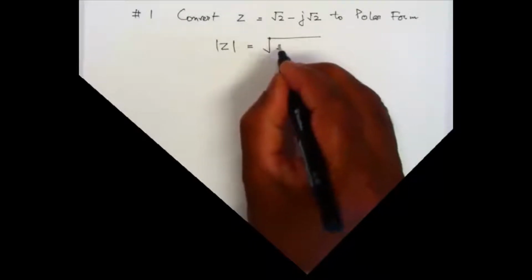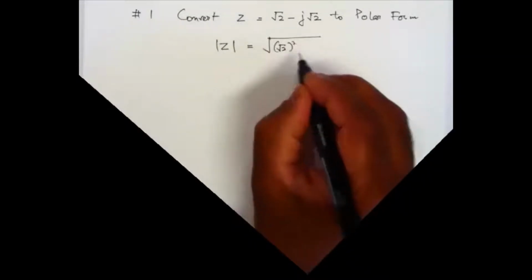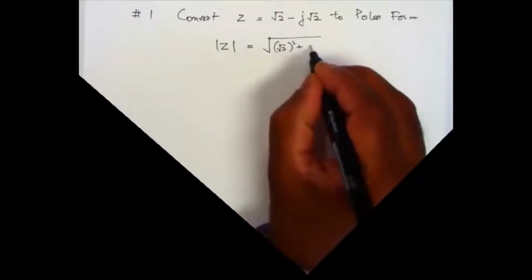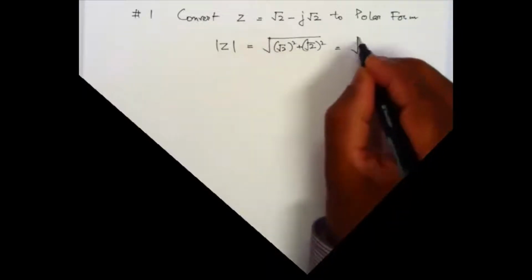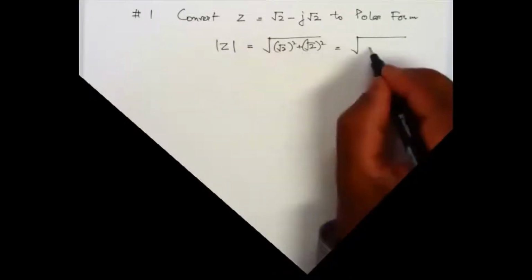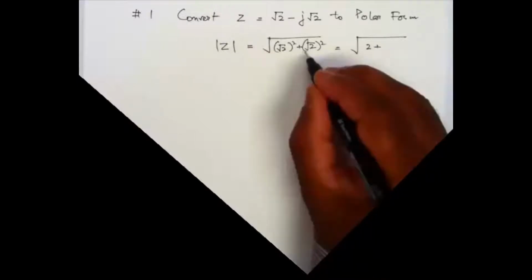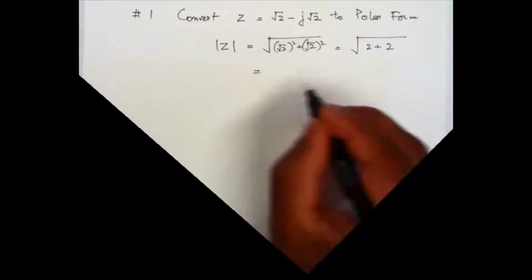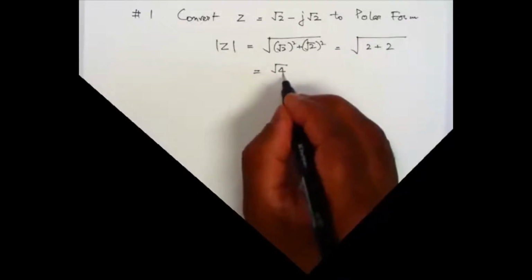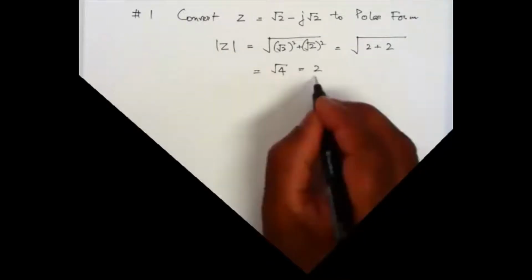So that's the square of that plus the square of that. That gives us the square root of 2 plus 2, which is the square root of 4, which is equal to 2.